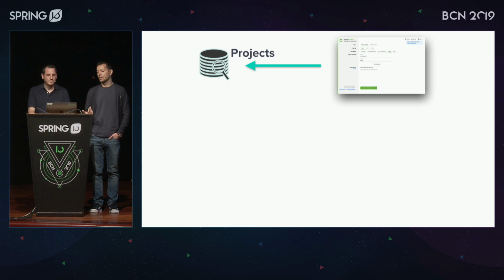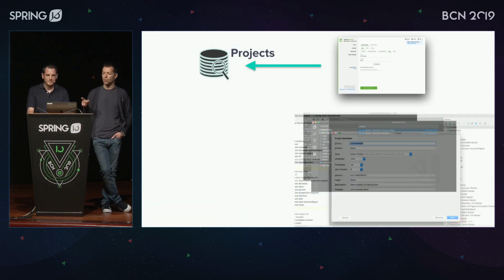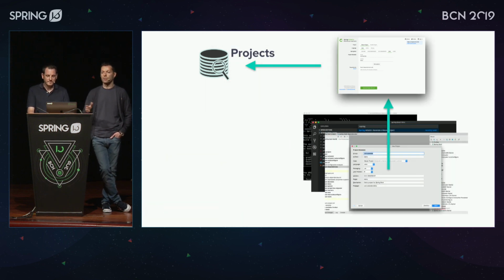It gives us nice data points to figure out in which area we should invest. It's not only true for the web interface, same thing for IDEs and command line curl, because it's all going to the same service in the end.